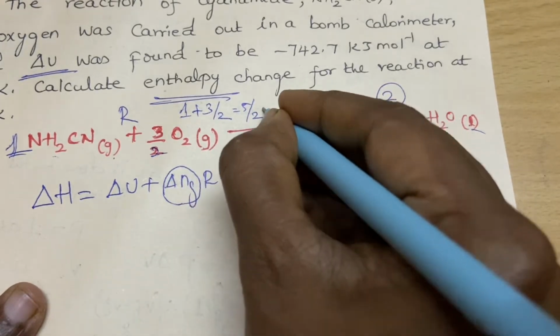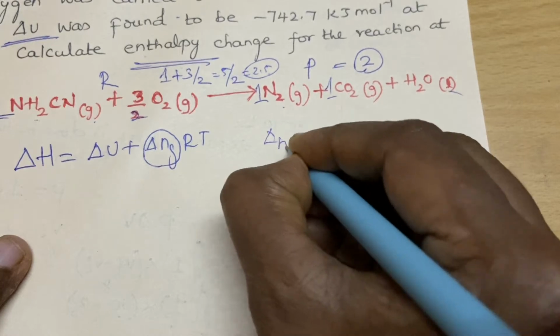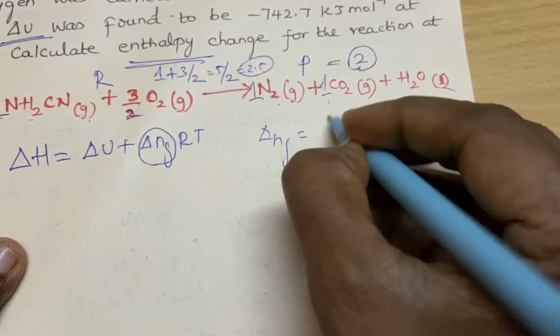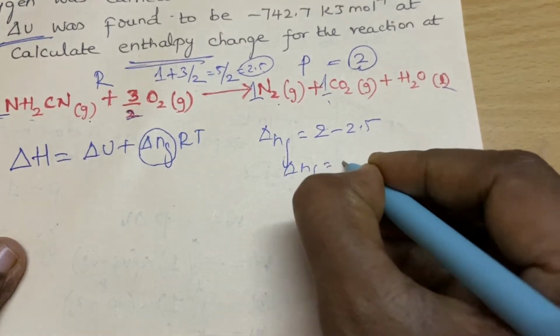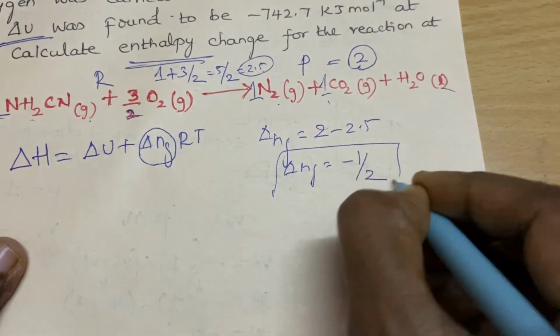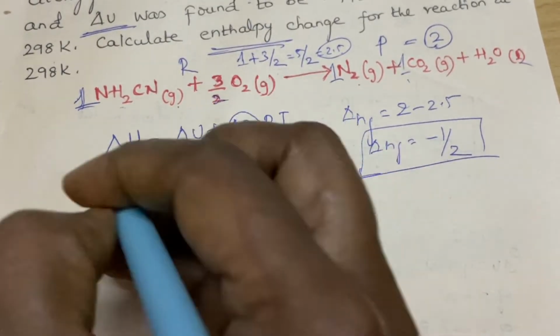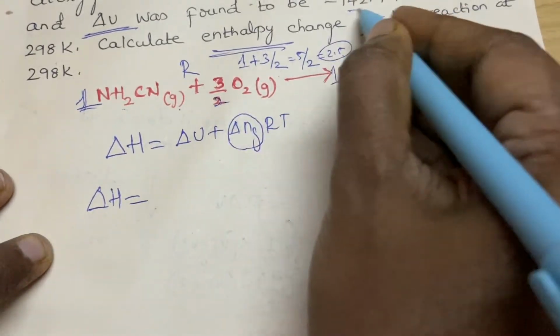Actually it is 2.5, isn't it? So your del Ng is equal to number of gaseous products minus number of gaseous reactants. So 2 minus 2.5, which is minus half. I am writing minus half for the calculation purpose. So del H is equal to del U, I am taking this value.